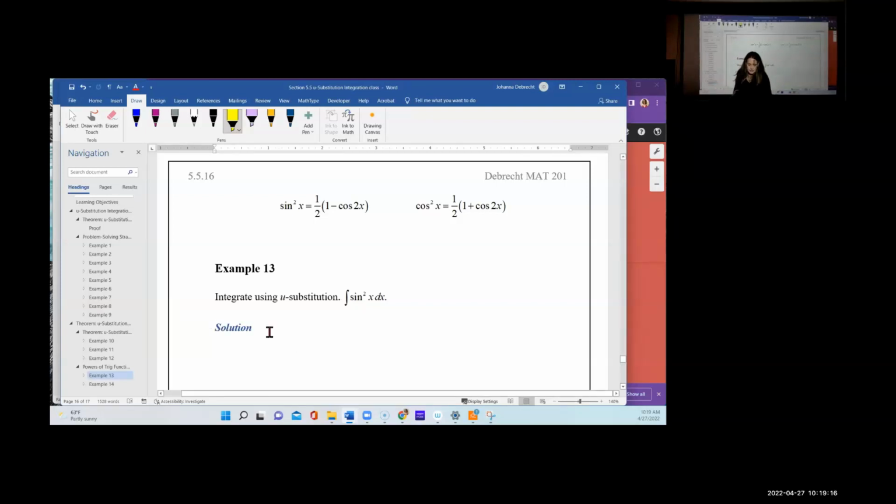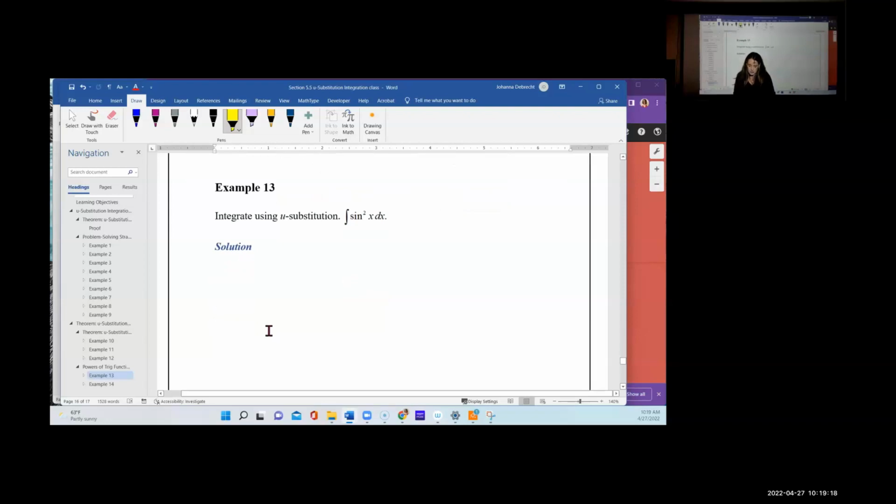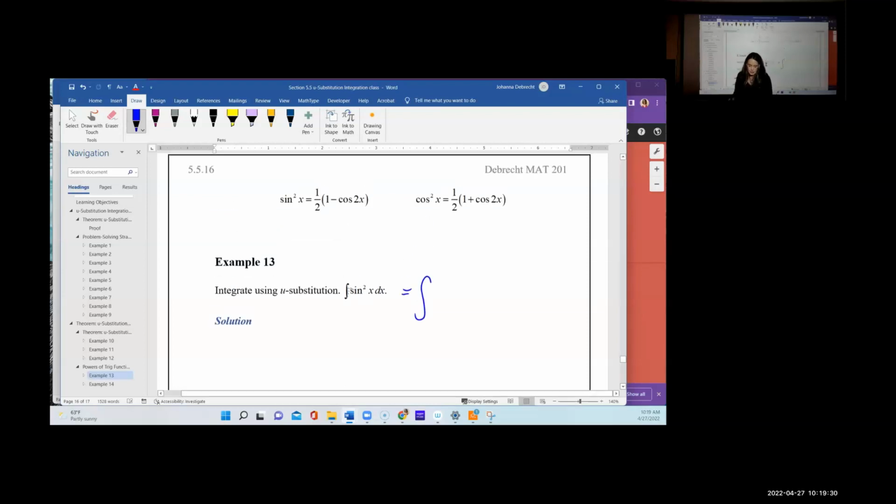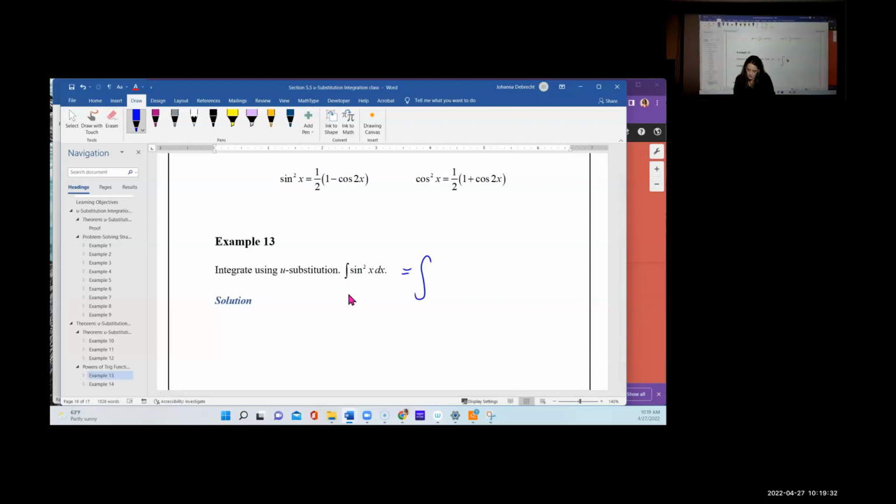So when it says integrate using u-substitution, what it wants you to do first off is substitute in place of sine squared. So we get out of sine squared and we replace sine squared with the double angle formula, which looks like this. All right.